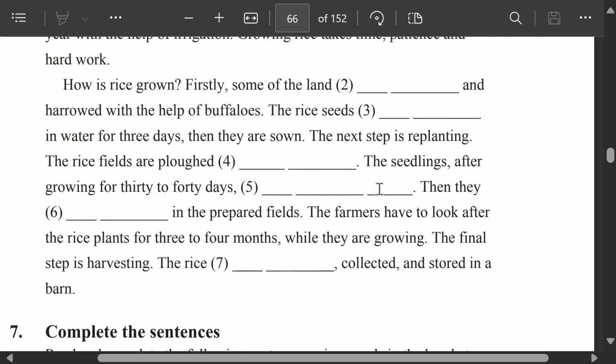The seedlings, after growing for 30 to 40 days, what do they do? Maybe they can be harvested, or they... I don't know. I'm a city boy.